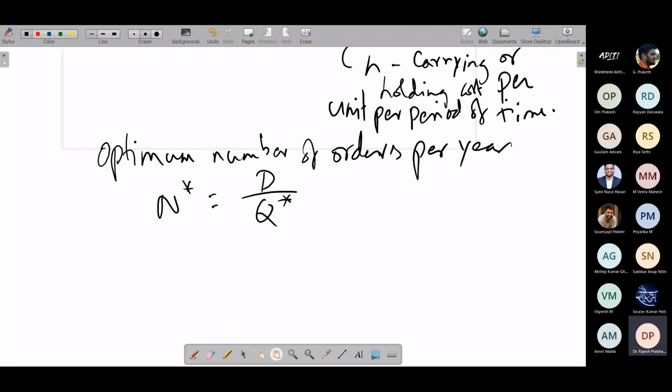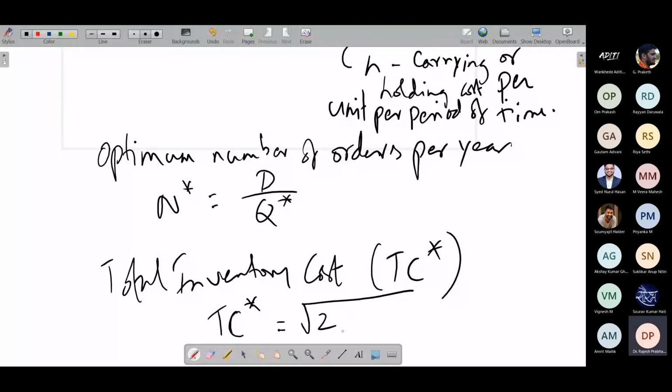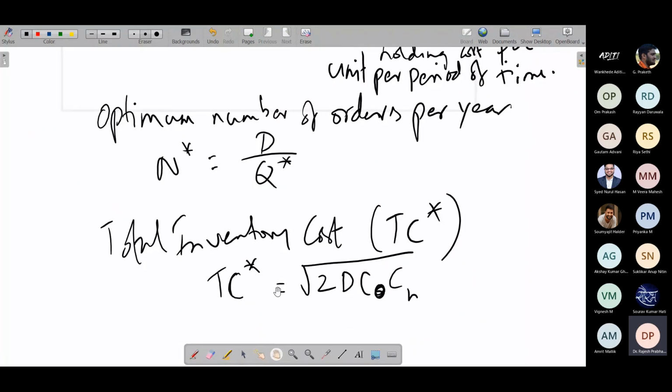So total inventory cost, denoted by TC star, is equal to root of 2 into D into CO into CH, that is, 2 into root of CO and CH.